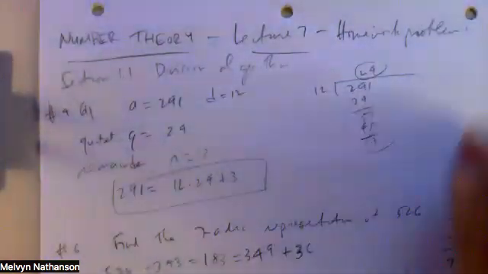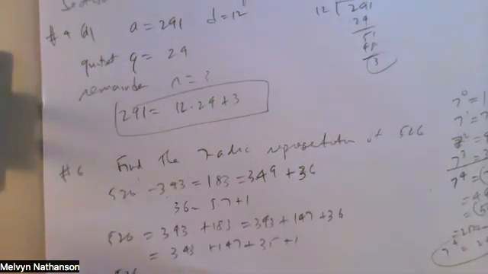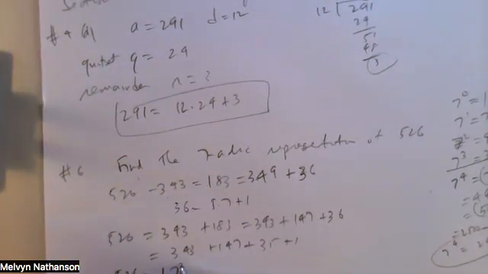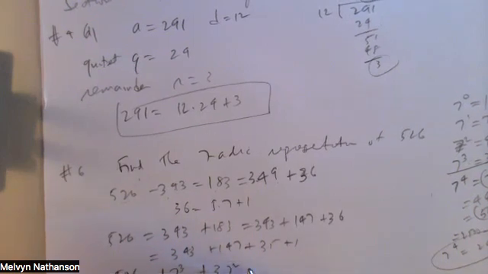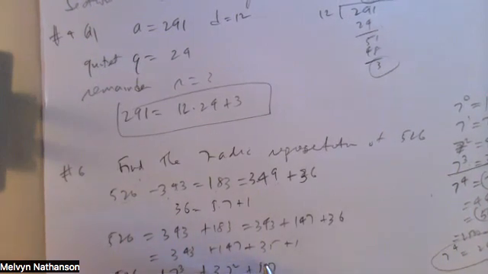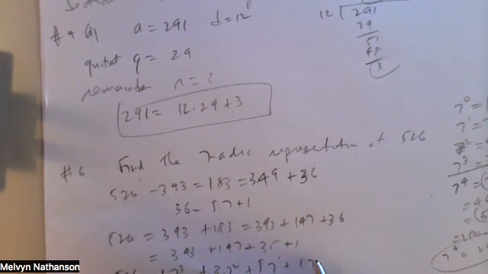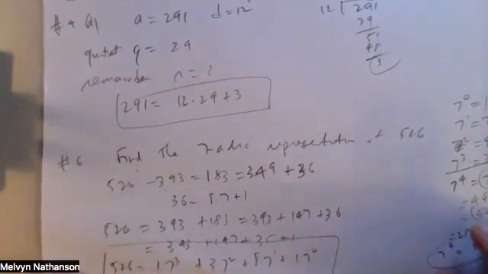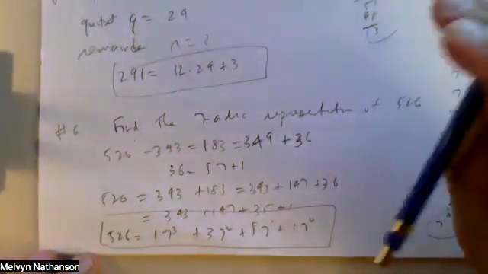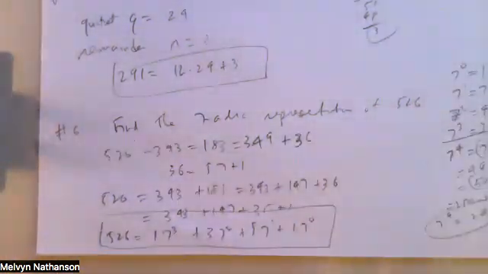So in terms of powers of 7, 526 is 1 times 7 cubed plus 3 times 7 squared plus 5 times 7 to the first power plus 1 times 7 to the 0 power. So this is, if I did my arithmetic correctly, the 7-adic representation of 526.